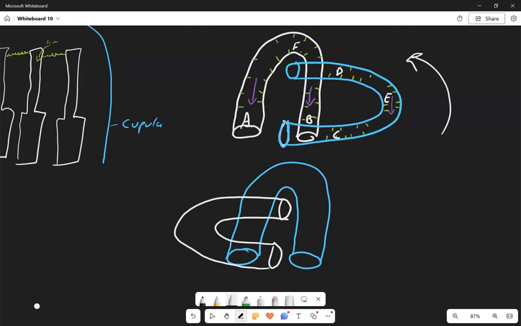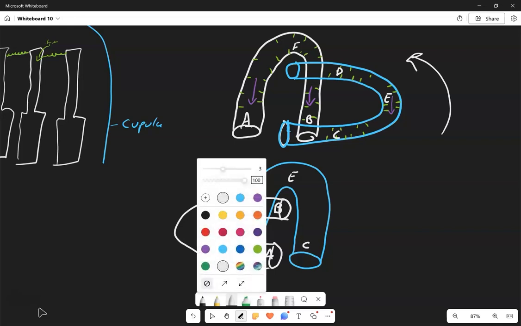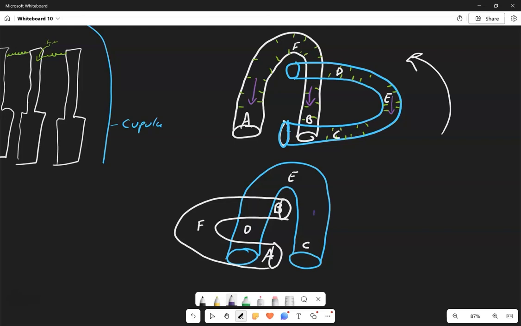Go ahead and try to figure out your regions. This is going to be A, this is now B, this is still F, this is E, this region here is D, and this one's C. But as we rotated our head, now we have gravity pulling on C, D, and F. Before it was A, B, E, now it's C, D, F. So where gravity is pulling and where that signal is being generated is different.